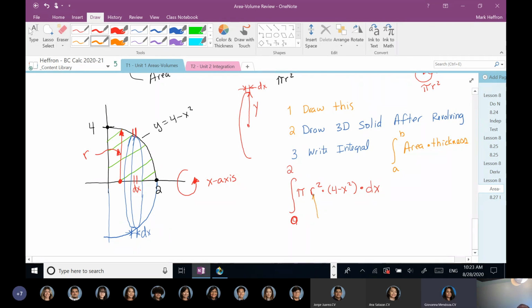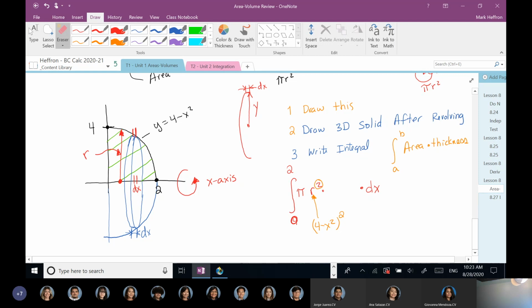What is that radius in terms of our function, Giovanna? Yep. What is it in terms of that function, y equals 4 minus x squared? 4 minus x squared. That's right. The radius itself is just 4 minus x squared, isn't it? But then when we square it, it becomes squared. And so, Jorge, you just didn't need that 4 minus x part.